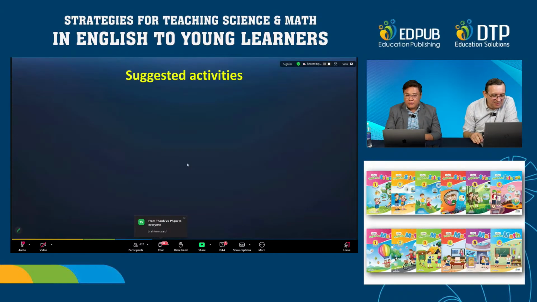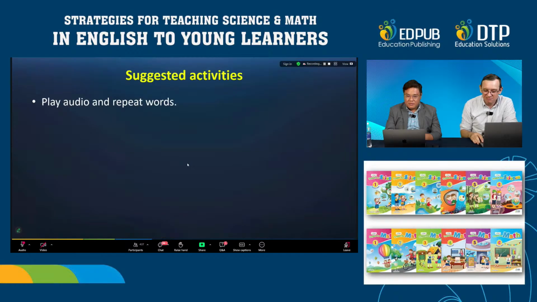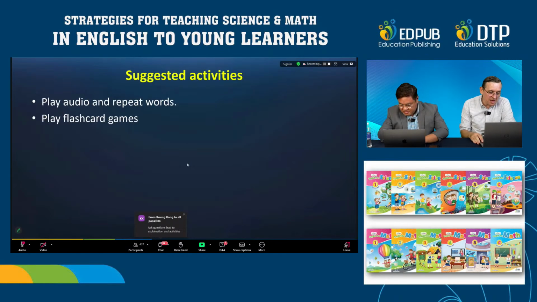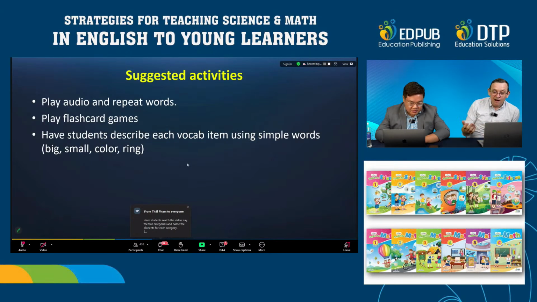So obviously the basic, we've got the play audio, repeat the words, very simple. We have flashcards for the math and science series, so we can play all kinds of flashcard games. I'd have students describe each vocab item using the simple words, big, small, the color. We have blue, we have red, we have orange, and also some of them have rings.